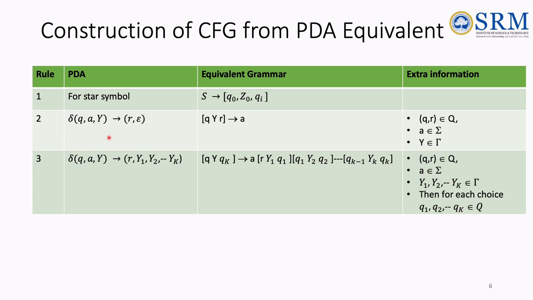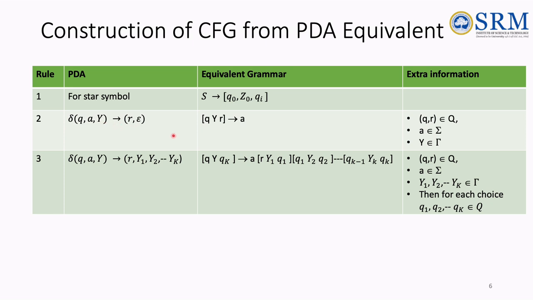The second golden rule is with respect to push and pop. Let us see a pop transition. For a pushdown automata, for a pop transition, the rules will look like this. For example, if I am in a Q state, my input symbol is A, and the top of the stack is Y, and I want to pop, then this will go to another state R, and for pop we use epsilon.